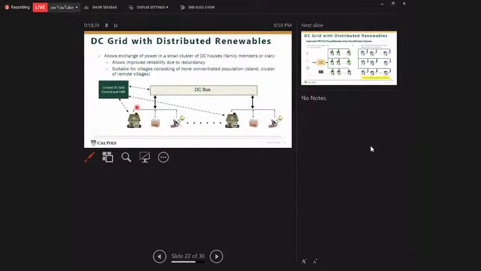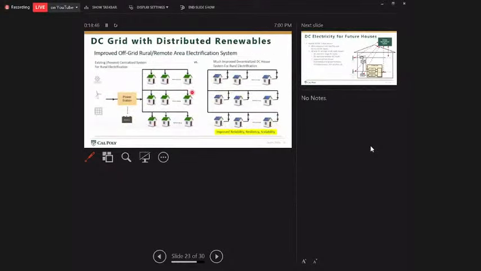And here's the picture of it. Every single house can exchange power through a centralized DC bus. Every single house is a DC house. And here's the comparison between conventional technology, micro hydro, solar farm, wind farm, and so on, compared to the DC house solution that I'm offering.